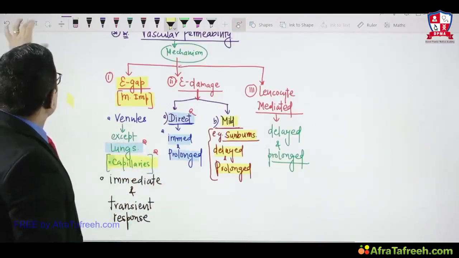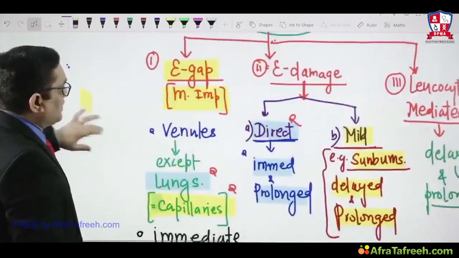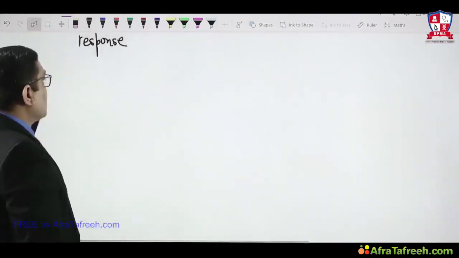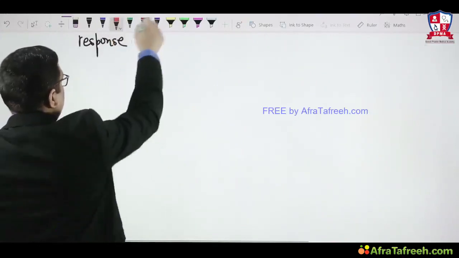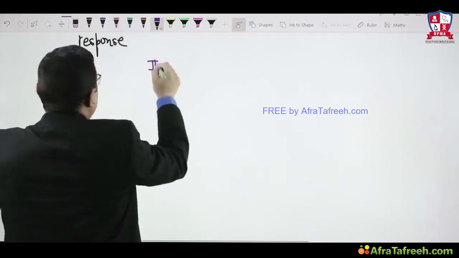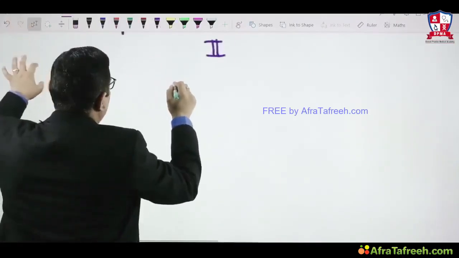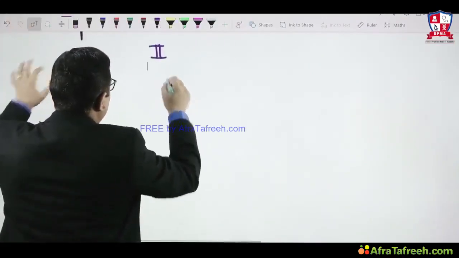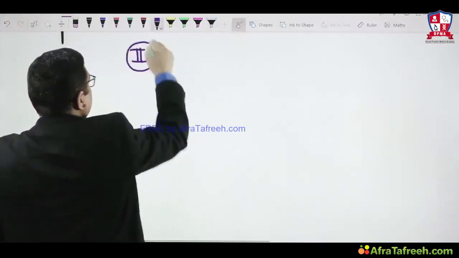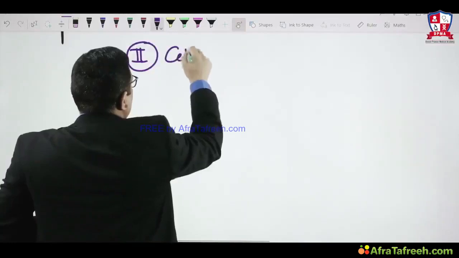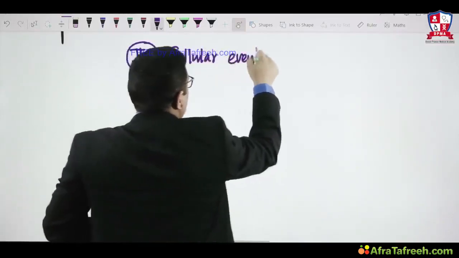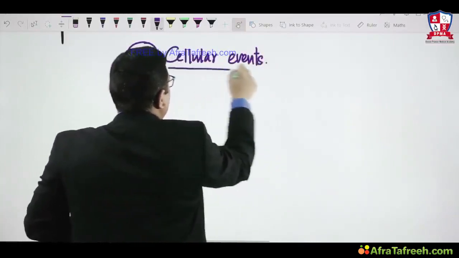Now we are going to see what are the cellular events of acute inflammation. So now we are going to move to the next topic, that is the cellular events of acute inflammation.